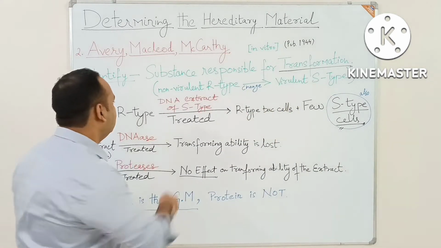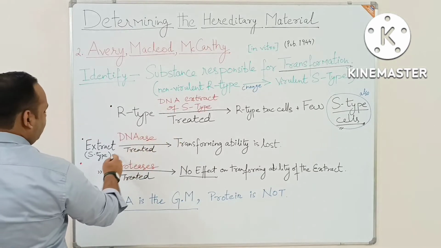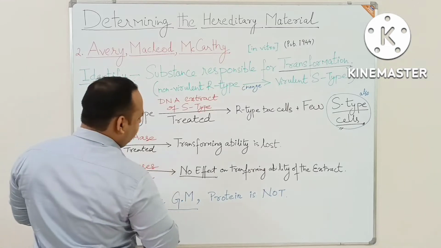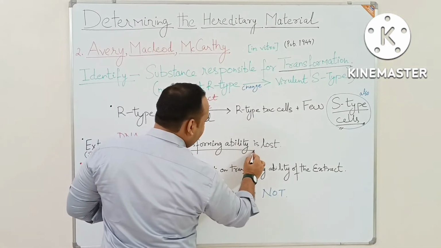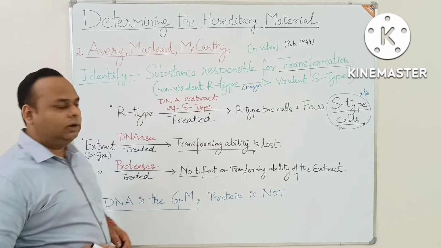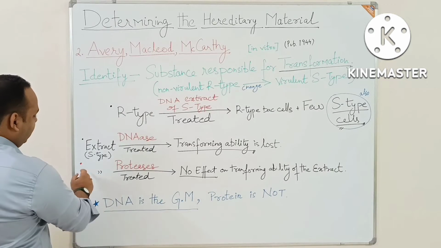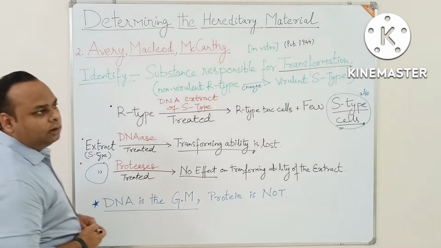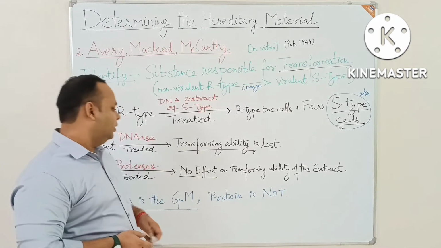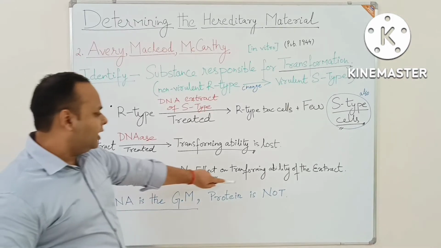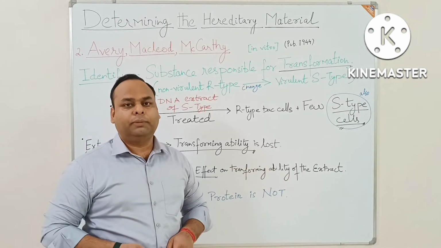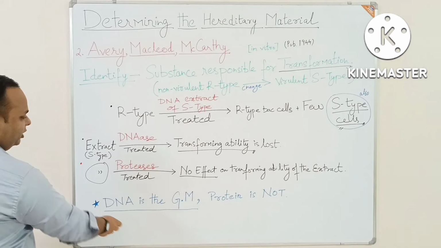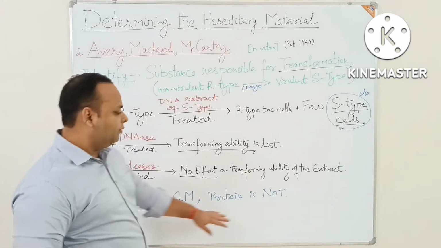When this extract of S-type was treated with the enzyme DNase that destroys DNA, the transforming ability of this extract was lost. But when this extract was treated with proteases, the enzymes that destroy protein, no effect was there and the transforming ability of the extract remained. Thus, it was concluded that DNA was the genetic material and protein was not.